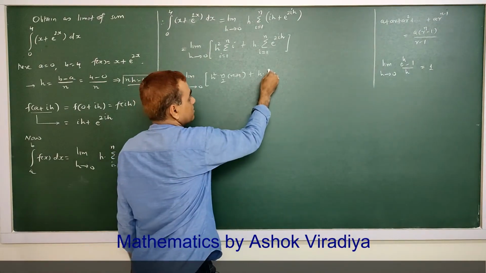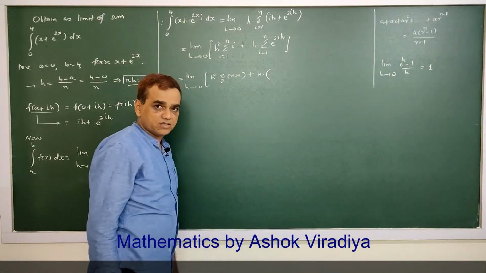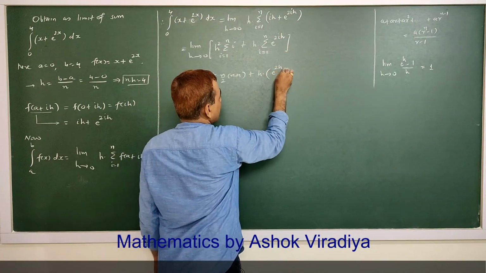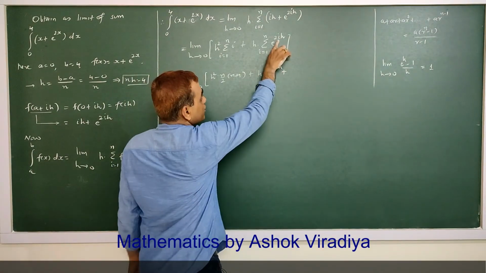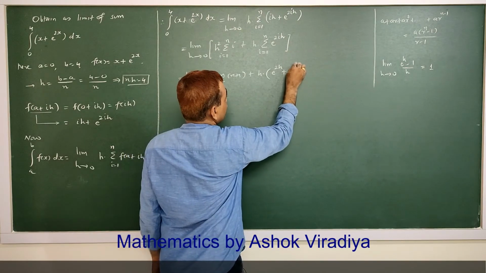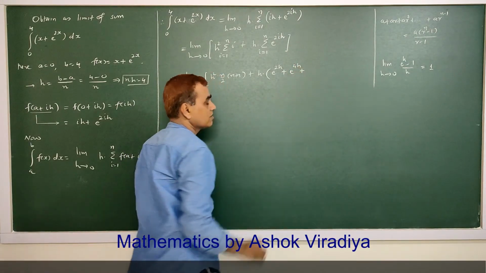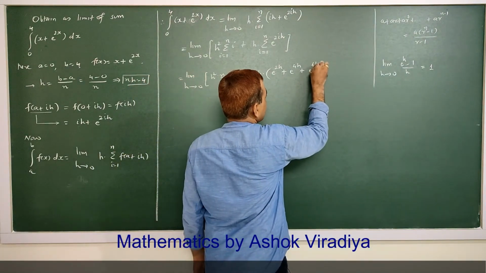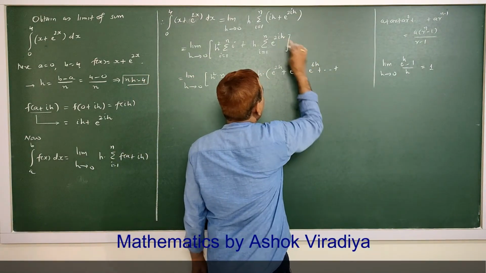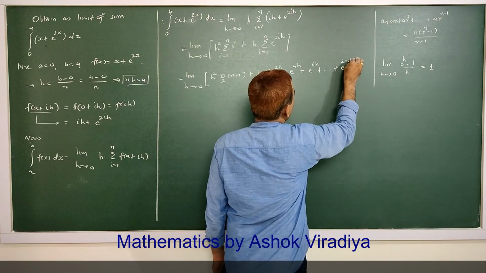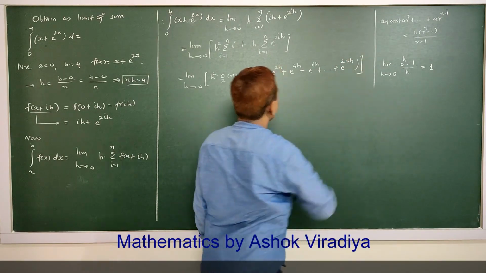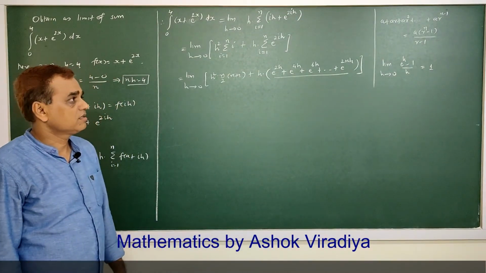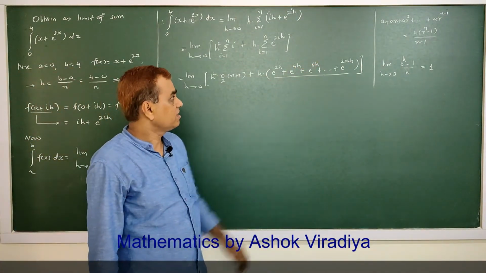Here, see, when sigma works, putting i equal to 1 it gives e raised to 2h, putting i equal to 2, e raised to 4h, putting i equal to 3, e raised to 6h, up to putting i equal to n, e raised to 2nh. So this is a geometric progression, and here we shall use that formula.